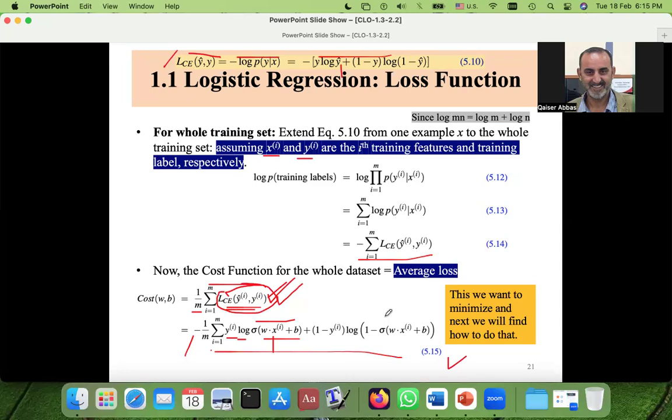This is the equation for the loss function. Actually, it is not calculating anything; your algorithm will calculate.